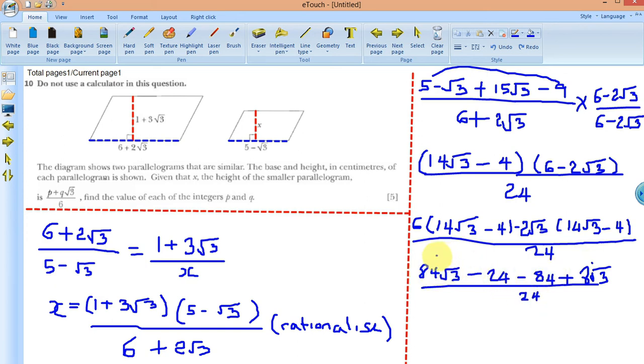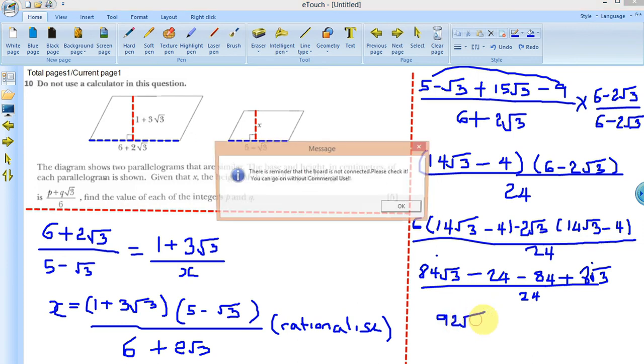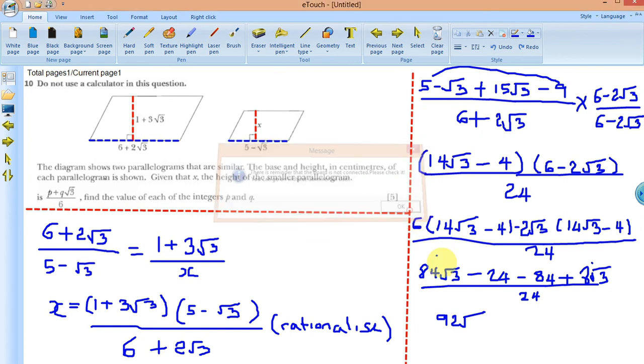So I have 92 root 3. Then minus 24 minus 84. That is what? 84 plus 24. That is minus 108.